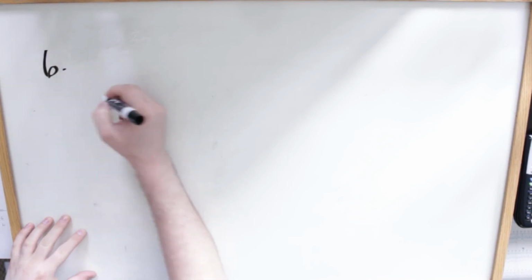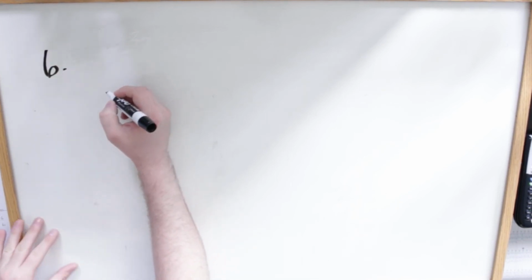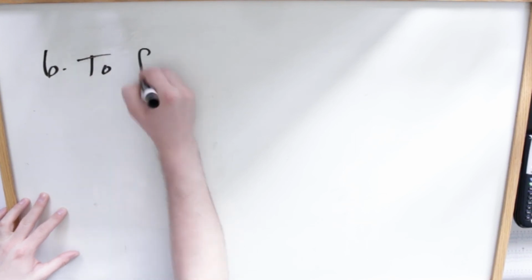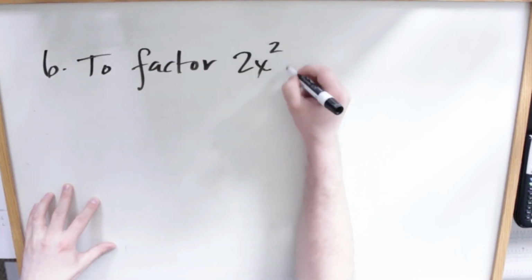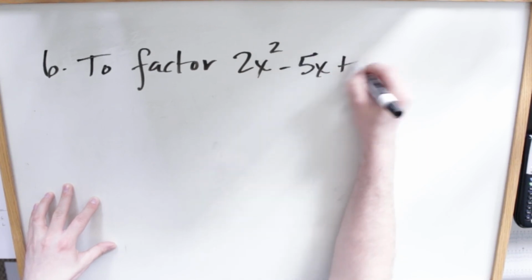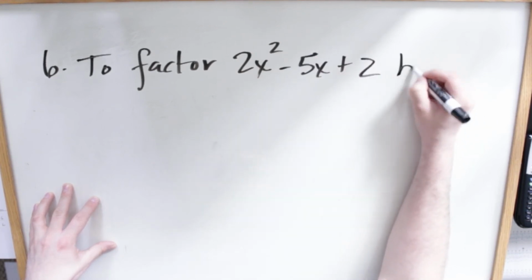Okay, so let me go ahead and pull my notes out here. Again, I'm only going to do this by grouping. The trial method is much more complicated than this. So let's go ahead and take a look at question 6. Okay, this question says to factor 2x squared minus 5x plus 2 by grouping.